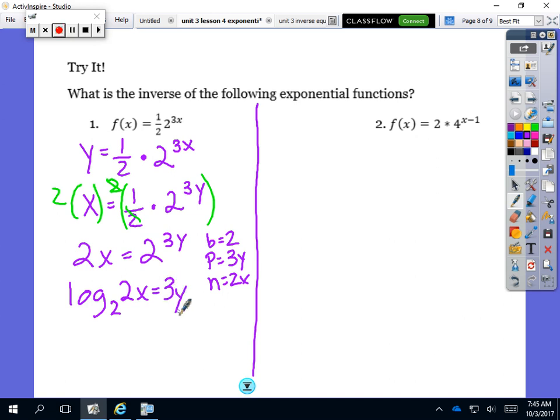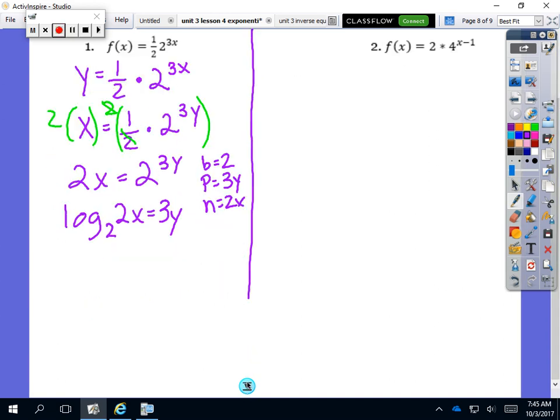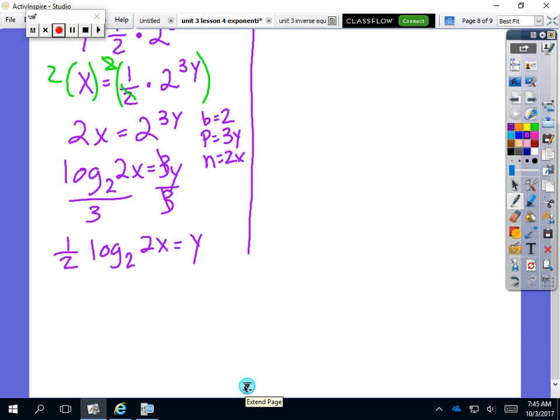So now I just want to solve for y by dividing both sides by 3. So I have 1/3 log base 2 of 2x equals y. And again, you would break this up using the product property, but we're not going to do the properties yet. So we're just going to leave it like this, and I'm going to put my inverse function equals 1/3 log base 2 of 2x.